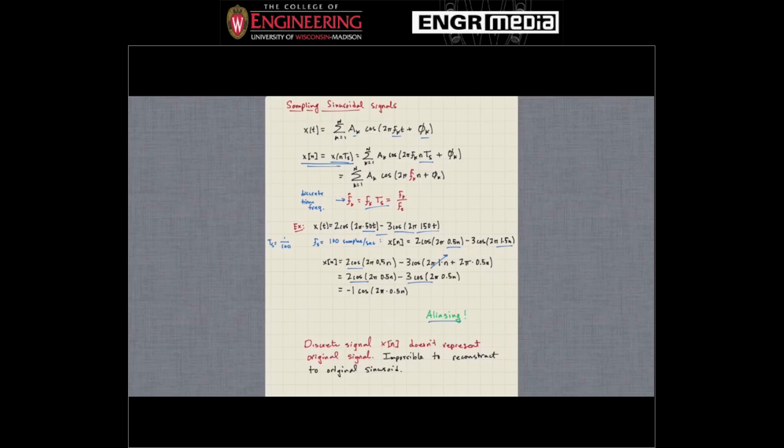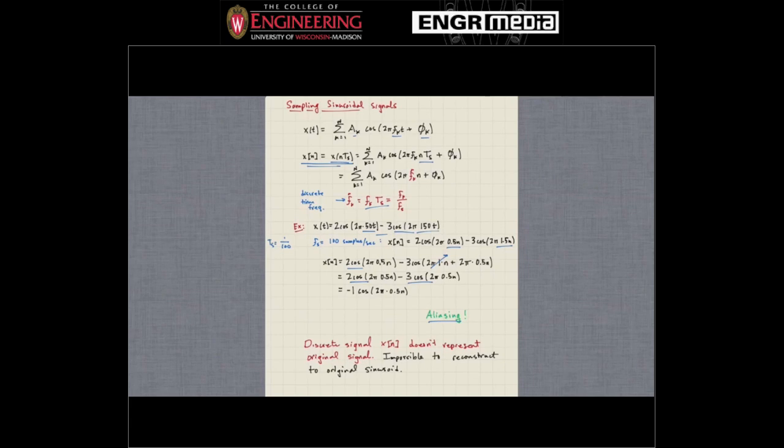We'll see a plot of exactly what's happening on the next slide. But after we sampled it, it actually looks like it's at a different frequency. So the punchline here is we sampled too slowly, so the discrete time signal x of n doesn't represent the original continuous time signal. And it's actually now impossible to get back to the original sinusoid without, of course, some side information.